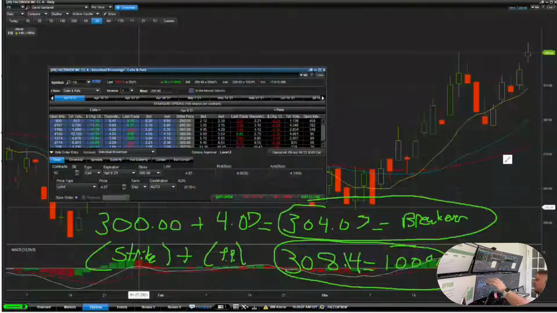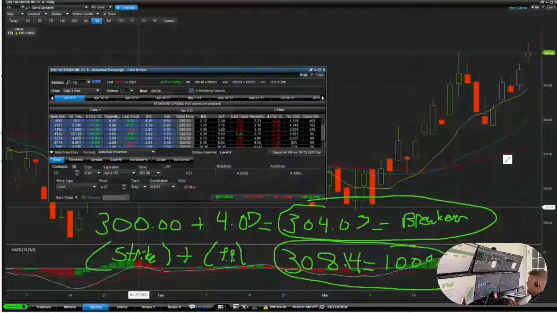Let's say we have Joe Schmo coming off the street, just started trading options, and he doesn't have any clue how to find target profit areas, target resistance, or stop areas. He says, I think Facebook's going to get up to $305. That's a $5 climb, another 1.7% from where it's at right now. I'm going to jump in these options.